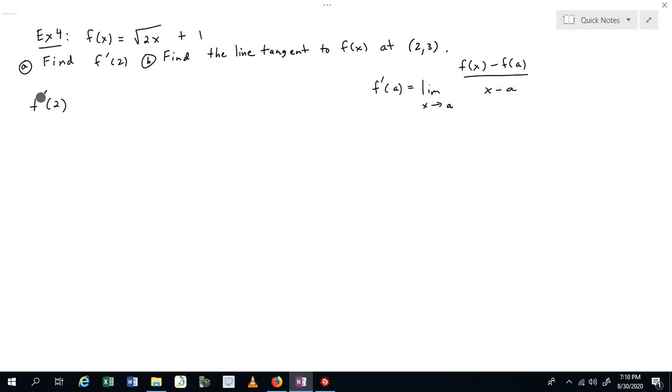That's equal to the limit as x approaches 2 of f of x, which is this function, minus f evaluated at a, so f evaluated at 2, all divided by x minus a, in other words, x minus 2.